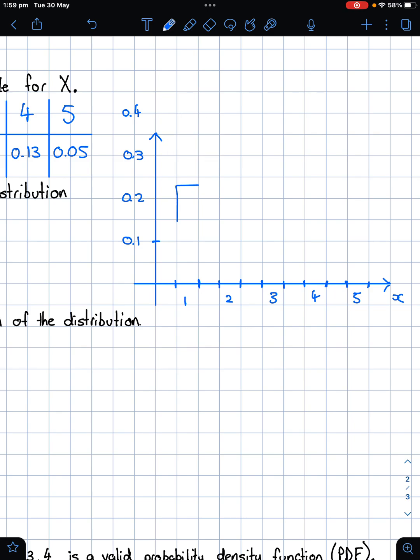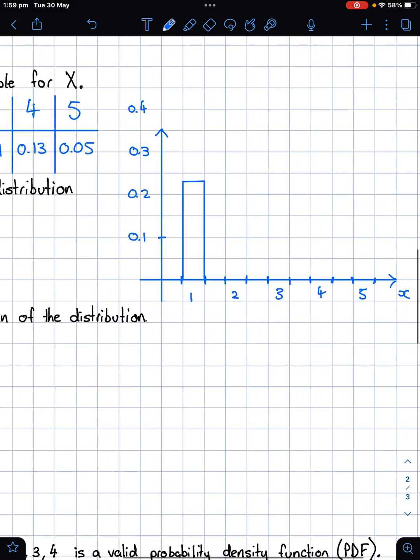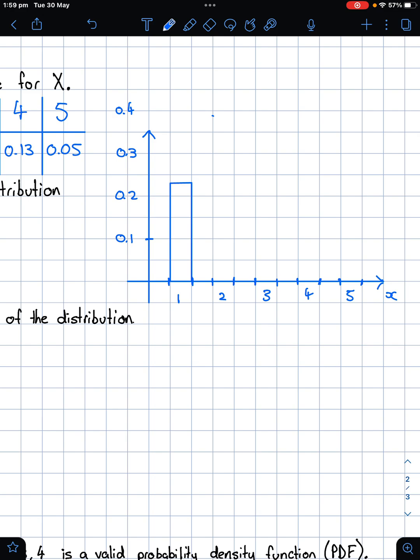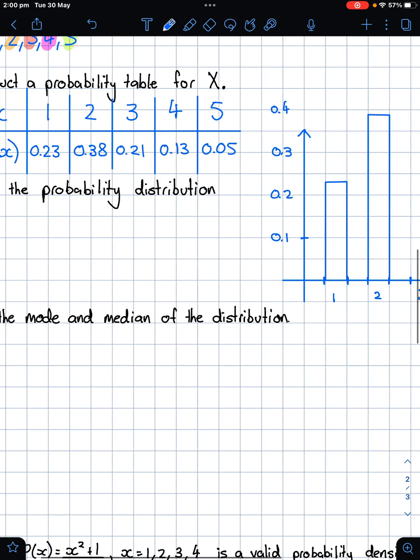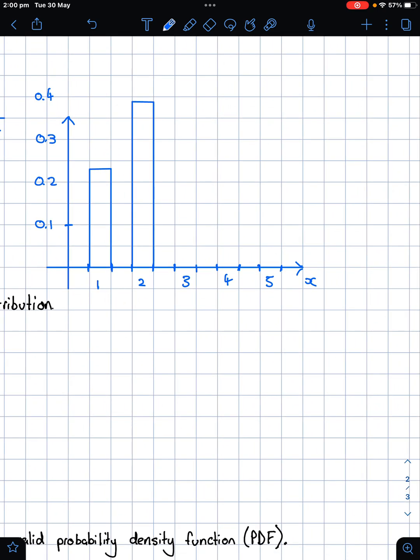If you have a ruler, you could do this pretty close. The probability of 2 was 0.38, which is almost here. Now, the probability of 3 was 0.21, so just above that.